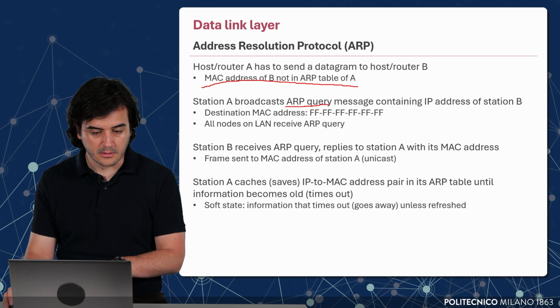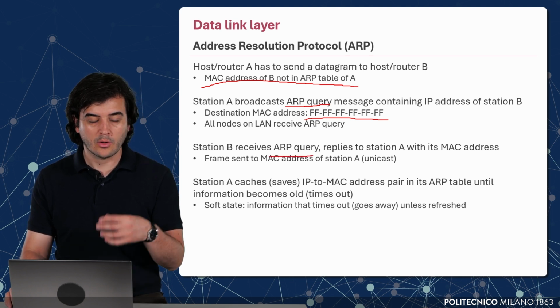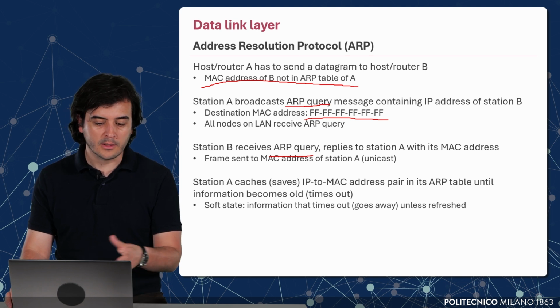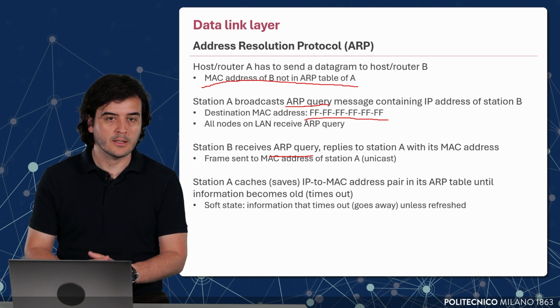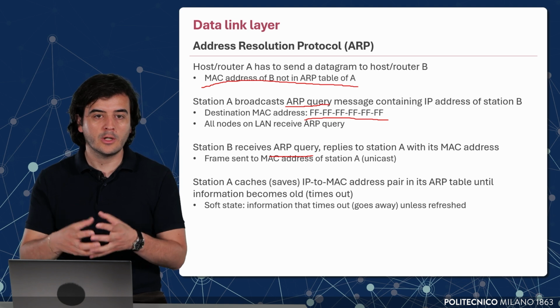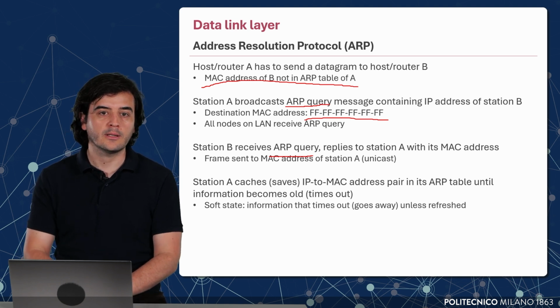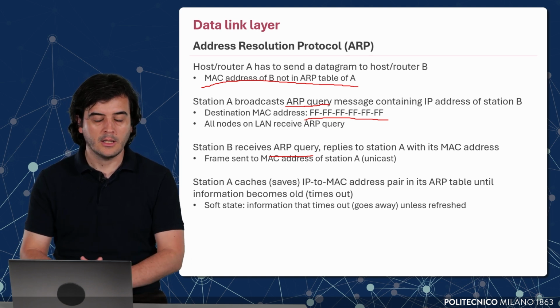So the ARP query is a broadcast message in which the specified MAC address is 48 bits equal to 1. Then when station B receives the ARP query, it will reply with its own MAC address. Once the router has received the MAC address, it will insert it in its ARP table. This way, it will learn how to do the mapping between the IP address and the MAC address of the equipment present in its network.